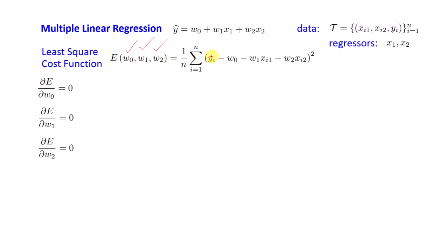To take the derivative of this right hand side, the derivative doesn't do anything to 1 upon n, doesn't do anything to the summation. The square will now become 2 multiplied by whatever is there in the first bracket, and then I am taking the derivative with respect to w0. I have only this negative w0 here.